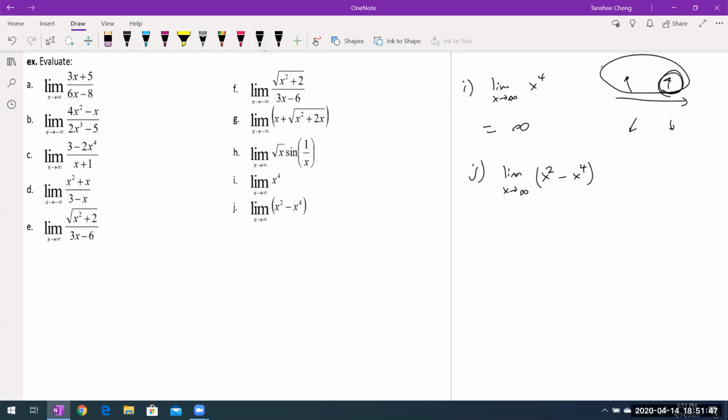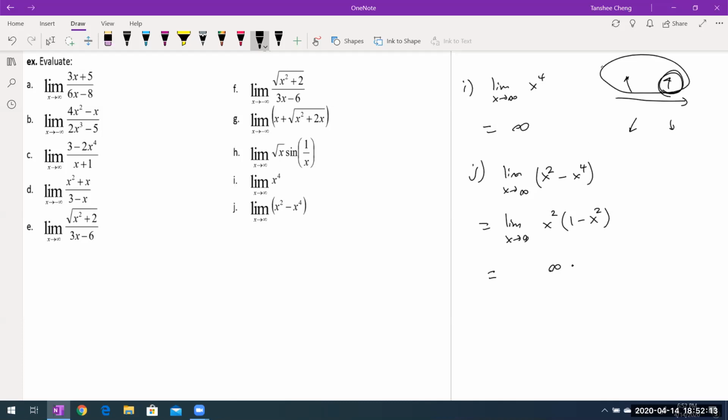So the way to write down the answer for this is to think about a different idea. The limit as x approaches infinity, factor it out, which is x squared times 1 minus x to the 2nd power. From here, you can think about this limit being infinity and this limit being negative infinity.